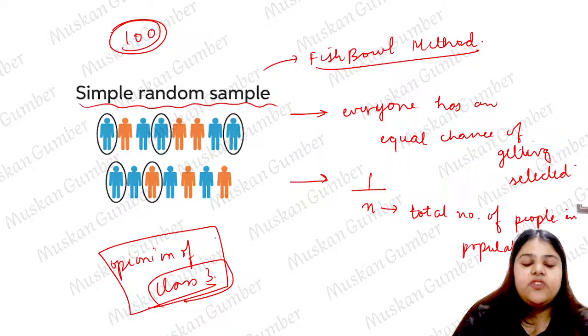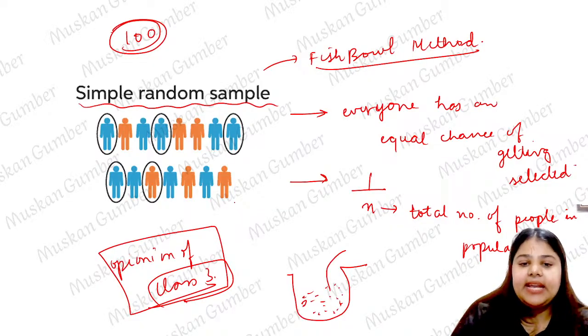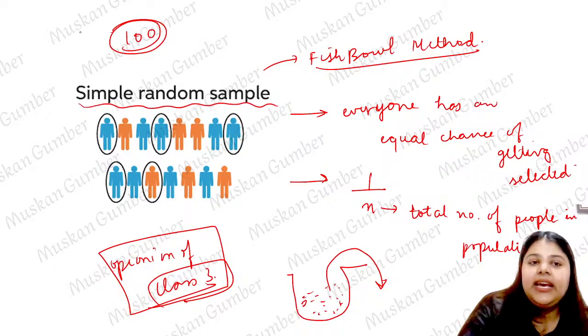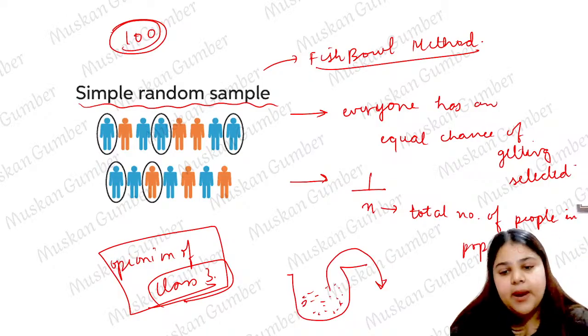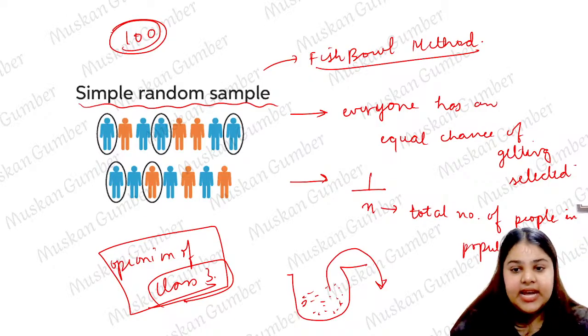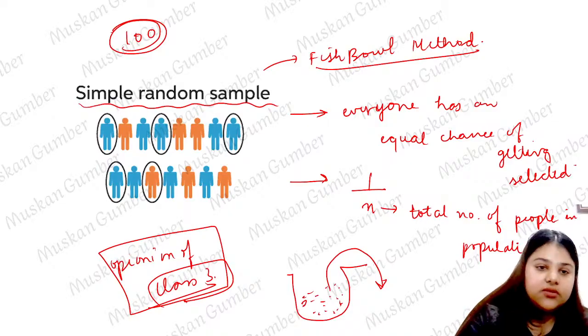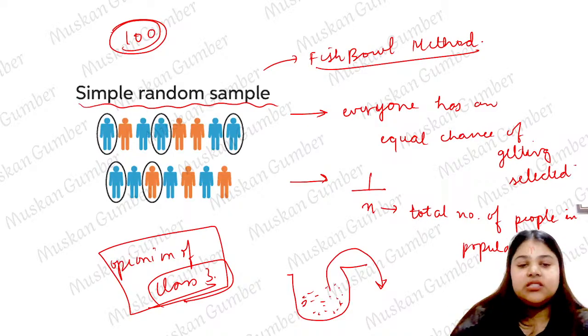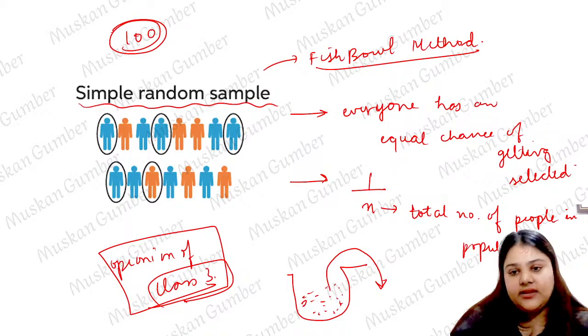Clear? So for example, if I have this fish bowl, so I have taken out the slips of all the 100 participants and I will just draw a slip. Right, so what does that mean? It means that all the 100 participants whose chits are in that fish bowl, all of them have an equal chance of getting selected, which can be calculated by 1 by n.